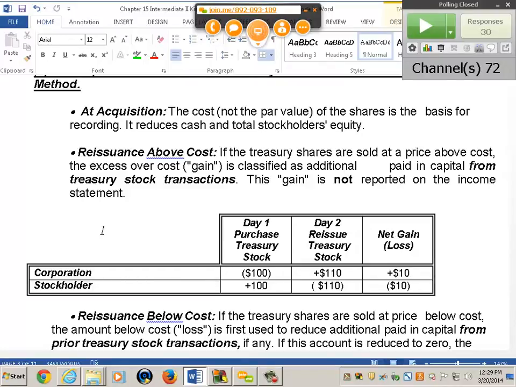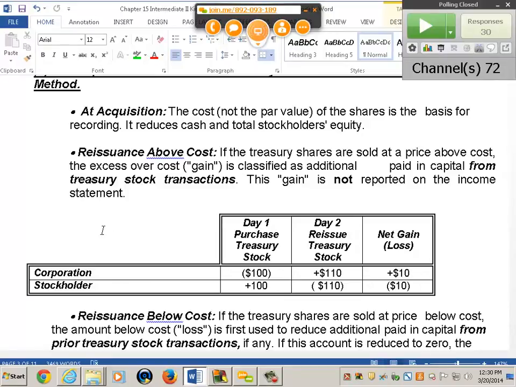So now you take $100 and you give the stock back to the corporation. The very next day you want it back, so you take the stock back, but you pay $110. So basically what you have is the same share of stock that you held on day 0, but you just paid $10 more.